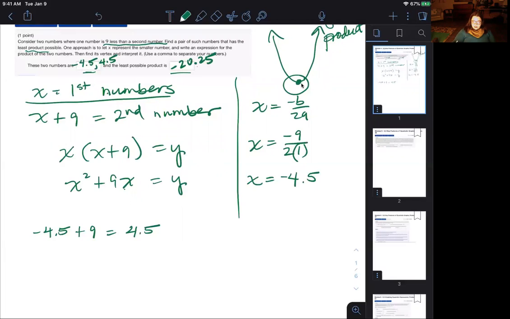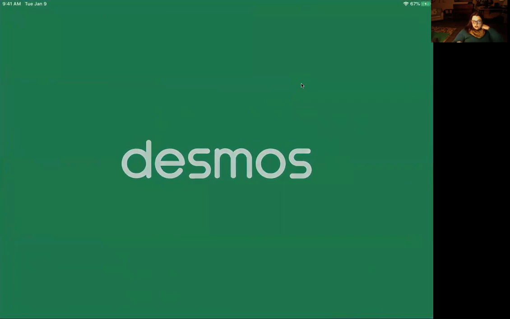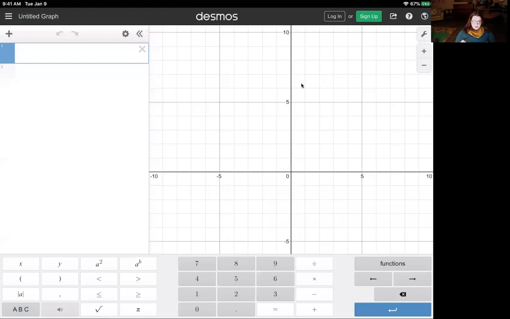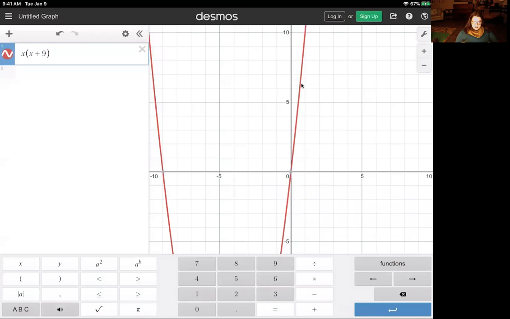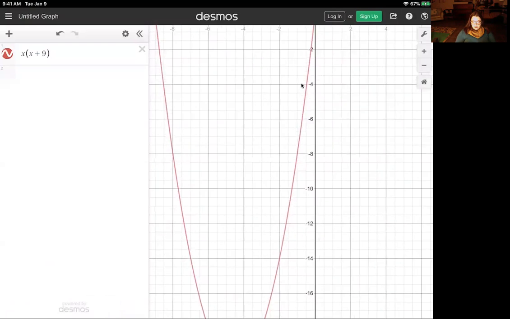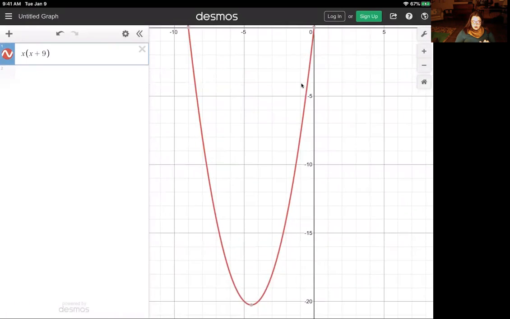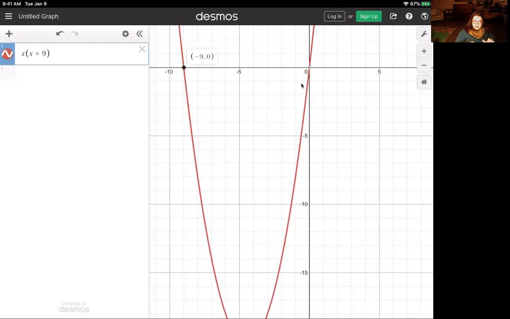And if we did want to take a look at that on Desmos, Desmos is coming up in chapter 10 anyway, we could go ahead and type x times x plus 9. Then we're going to see this parabola shape. All the different points along here are going to be two numbers that multiply together.